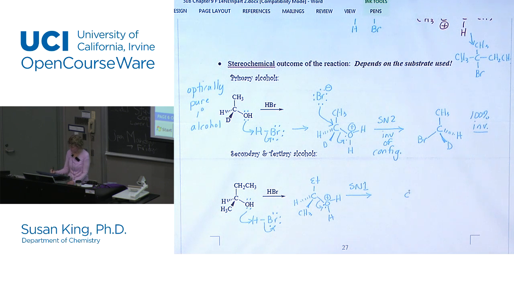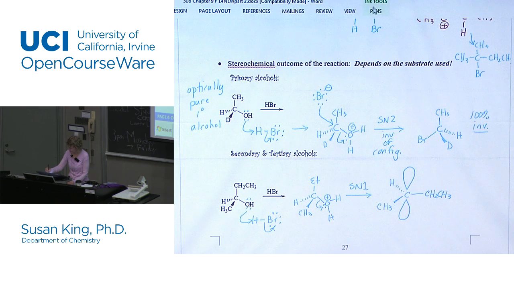Structure of a carbocation, well, gosh, the carbon of the carbocation and all the three atoms attached are all in the same plane. Hydrogen goes back. Here we have a methyl.